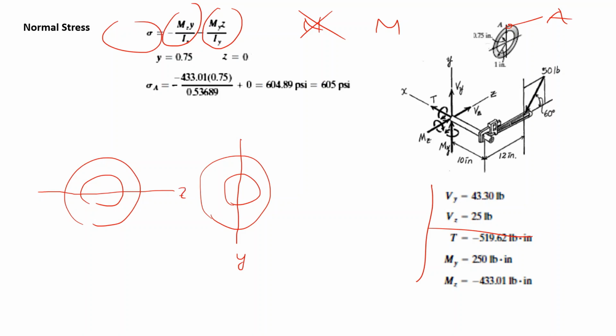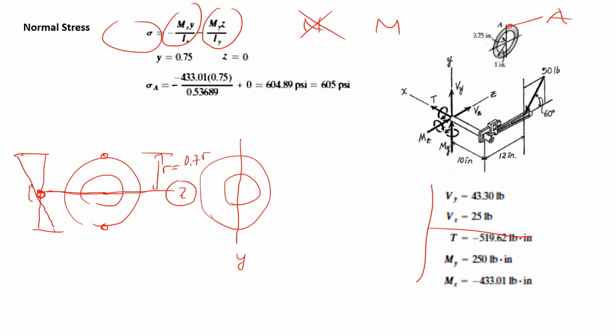If you have a bending around Z, your stress distribution will look like this. In the middle, on the neutral axis, you will have 0, and on the top and the lower end, you will have your maximum and minimum. So this distance is the radius, which is 0.75.